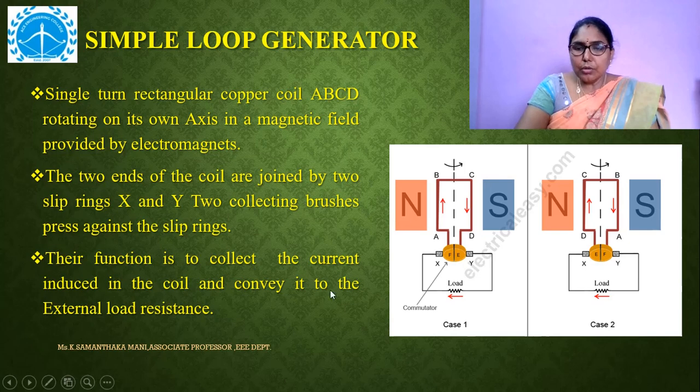Now, if we take one rotation, it will have two conditions: north to south pole rotation for half, and again south to north for the other half. That is where we are considering case 1 and case 2.